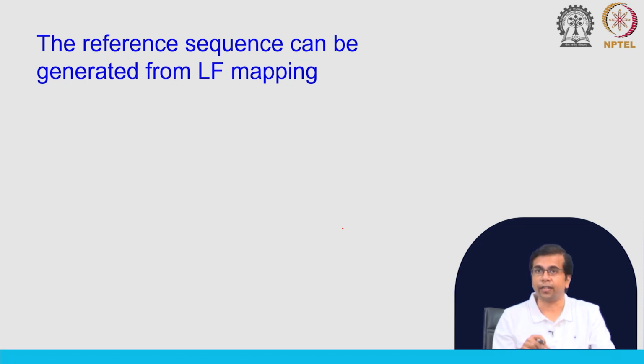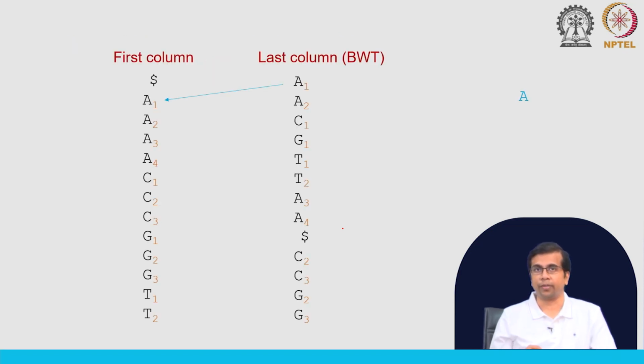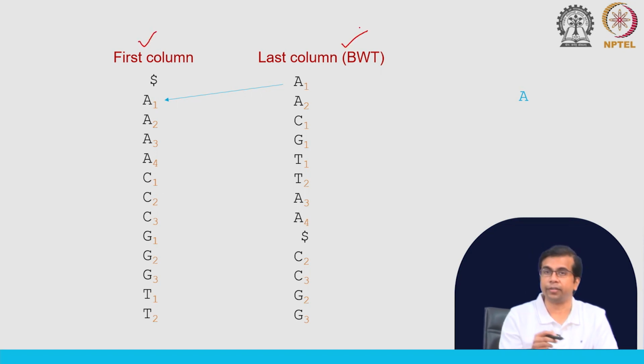I will illustrate that in a moment. So, here is the first column, and we have the last column, which is the BWT. And remember, we can generate the first column from BWT. We have generated this, and what we will do is this last first mapping, or something called traversing.